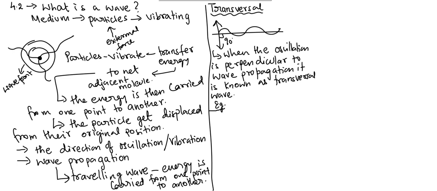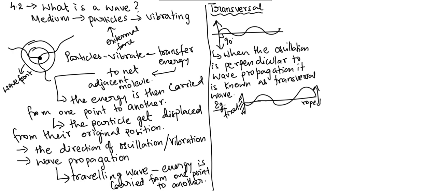For example, you can tie a rope. You see, this is a rope, okay? And then you vibrate the rope up and down, and then you will get a wave going towards the fixed position. This is the fixed position.